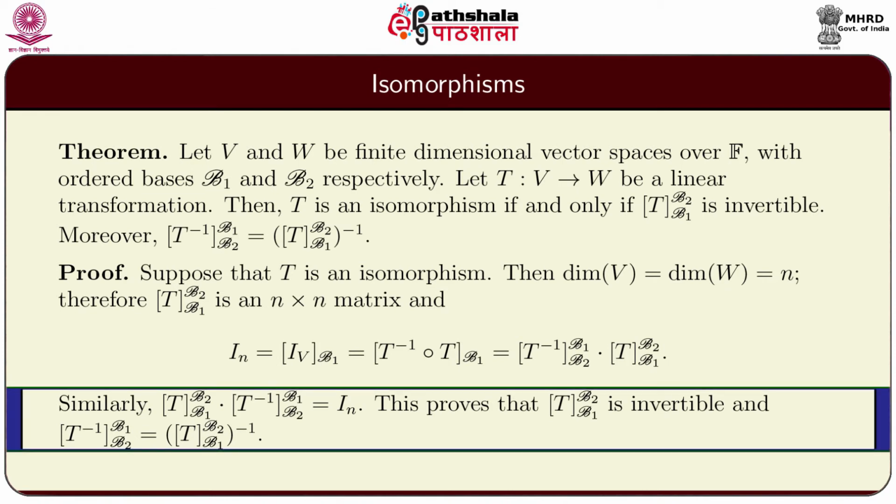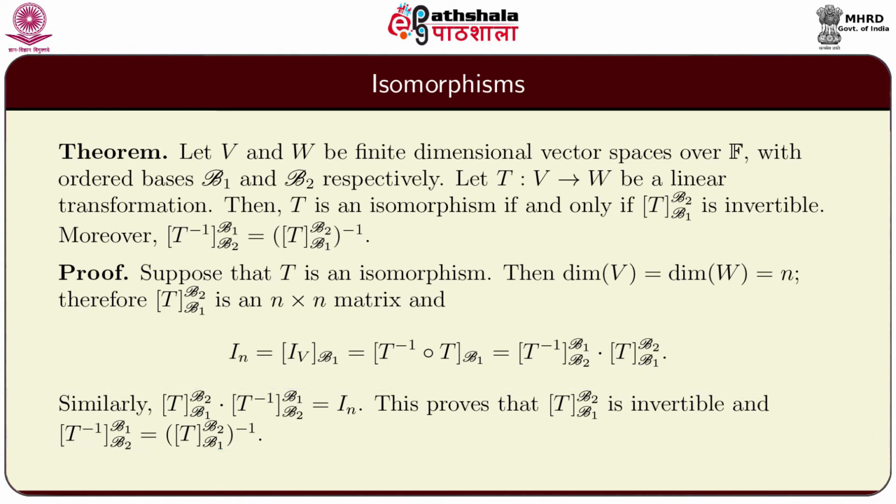And with a similar argument, where we just have to flip the sides of T and T inverse, we can show that the matrix of T with respect to B1 B2 times the matrix of T inverse with respect to B2 B1 is also equal to the n cross n identity matrix. This proves therefore that the matrix T B1 B2 is invertible, and the matrix of T inverse with respect to B2 B1 is nothing but the inverse of the matrix T B1 B2.